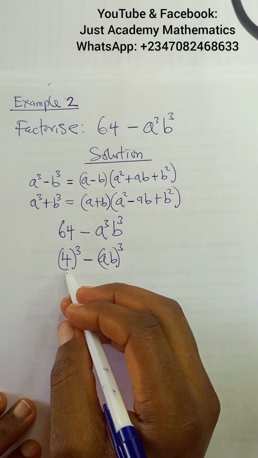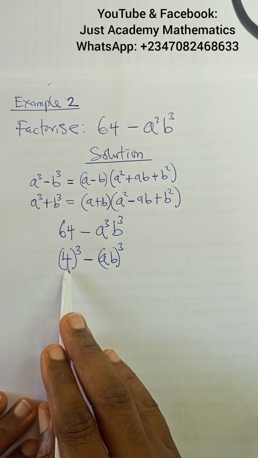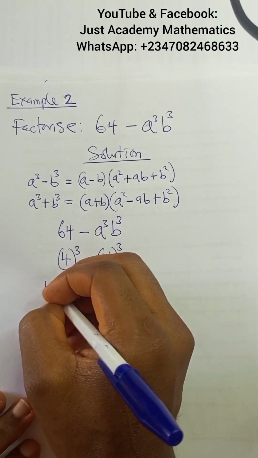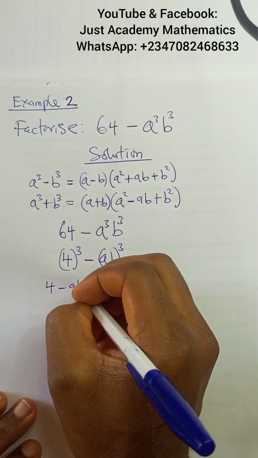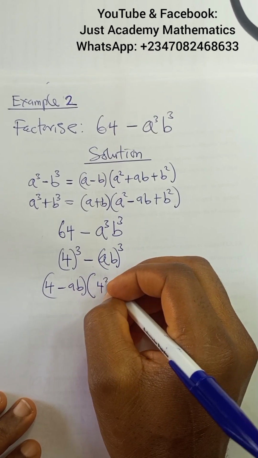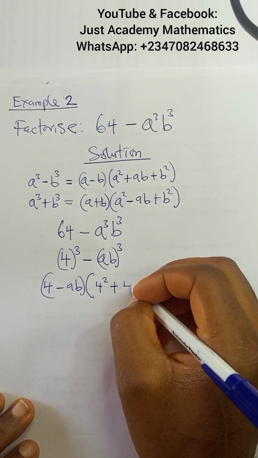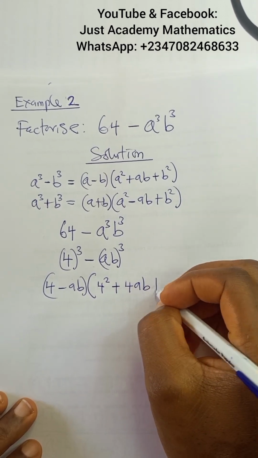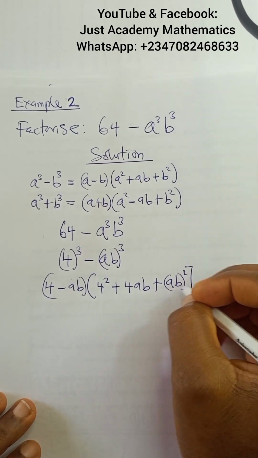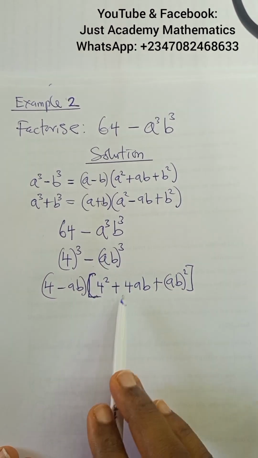So if we apply this to this first rule, we are going to get 4 minus AB times 4 square plus 4AB plus AB square. Are you with me?